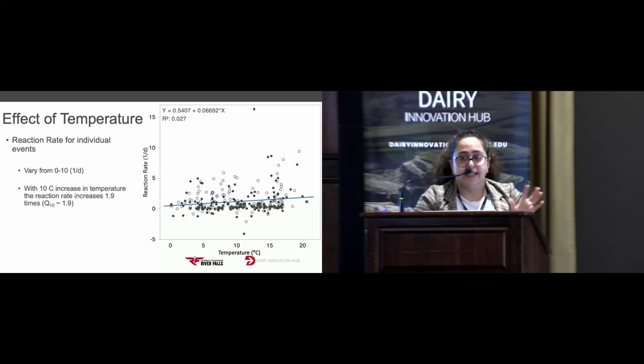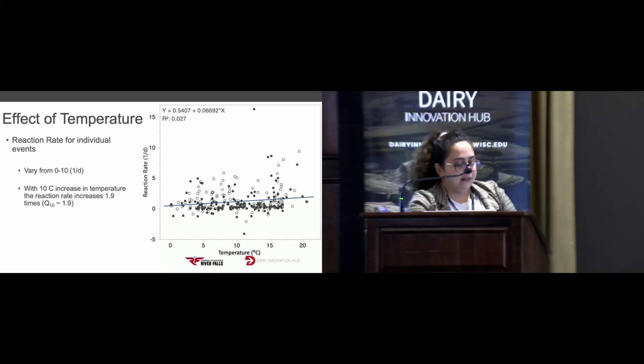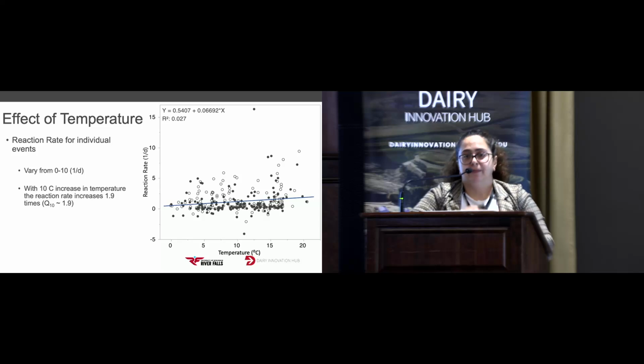So again, you're capturing the impact of both retention time and K. We have a Q10 of 2, which means that every 10 degrees increase in temperature, the reaction rate would increase about 2 times, which is within the biological range that we would anticipate, from 2 to 3 for Q10.